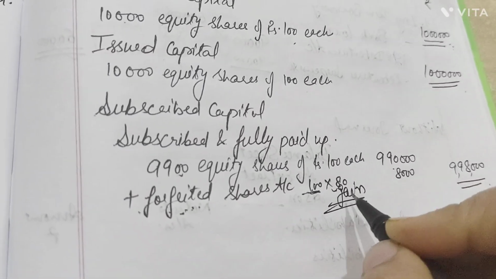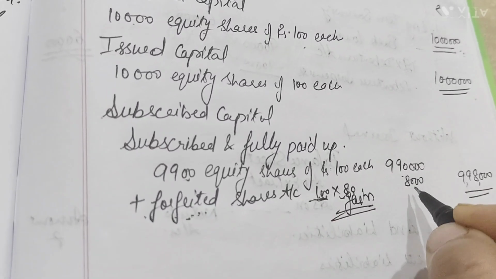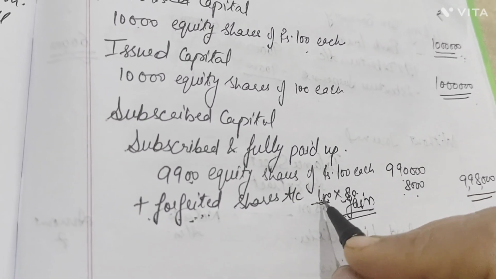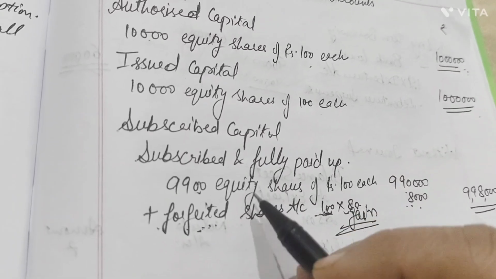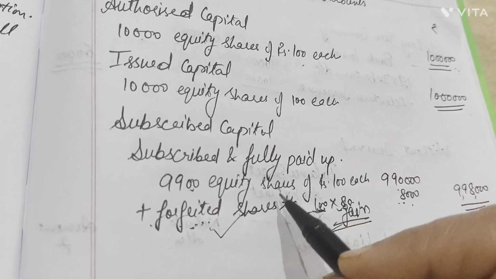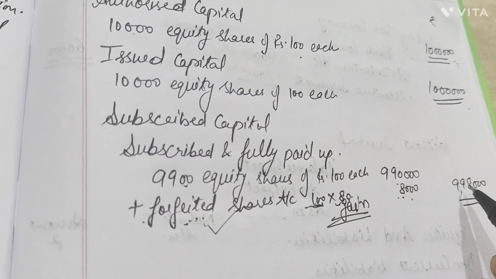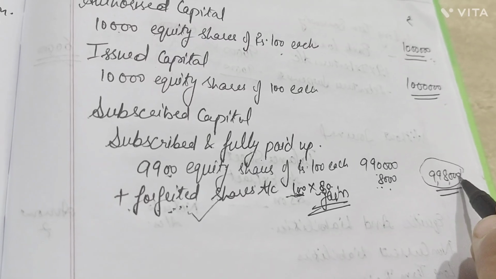So this 80 rupees which has been kept by the company is a total sum of rupees 8,000, 80 into 100 shares. This forfeited shares account is added to your subscribed capital to show a total sum of rupees 9,98,000.